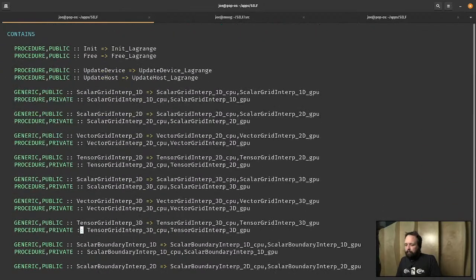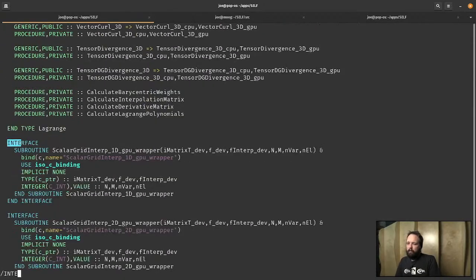What I want to show you is that for every CPU routine that's there, you could have a GPU counterpart. The way you bring that in is you have to write your HIP kernels, since we're using HIPFort, in C++, and then you use ISO C binding to expose those C++ kernels to the program.